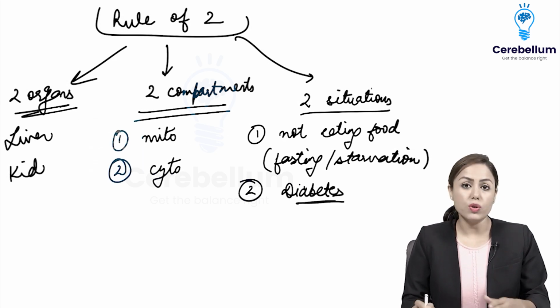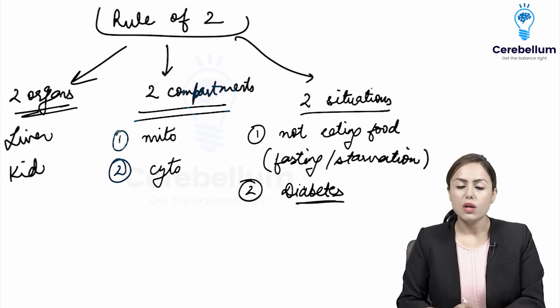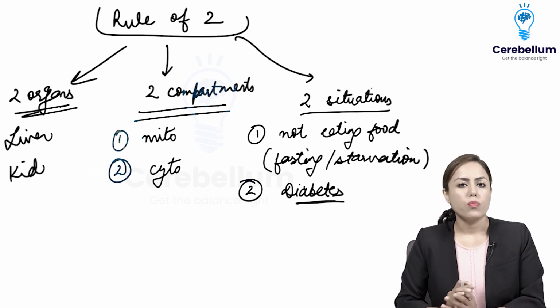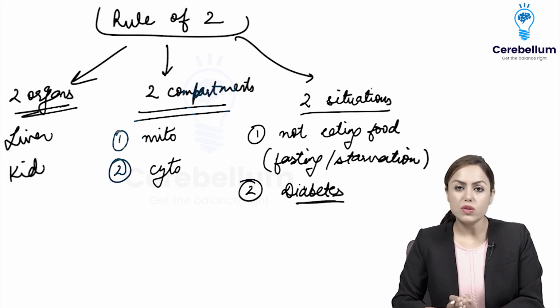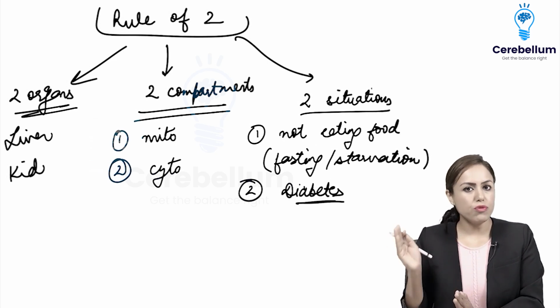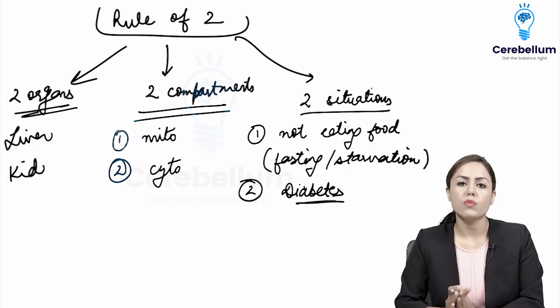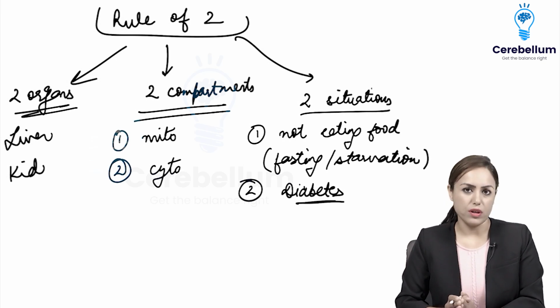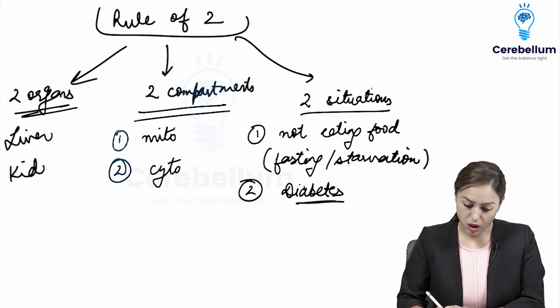Diabetic situation, I told you, is the same as fasting situation. So in diabetes also gluconeogenesis occurs, because although there is too much glucose in diabetes, there is hyperglycemia, too much glucose in blood, the peripheral cells of the body, most of the cells of the body, are not receiving glucose. So the body thinks I am in fasting. That's why in diabetes gluconeogenesis will occur.